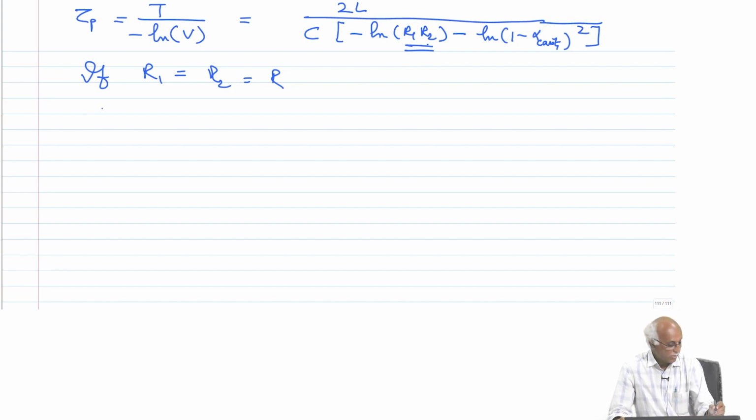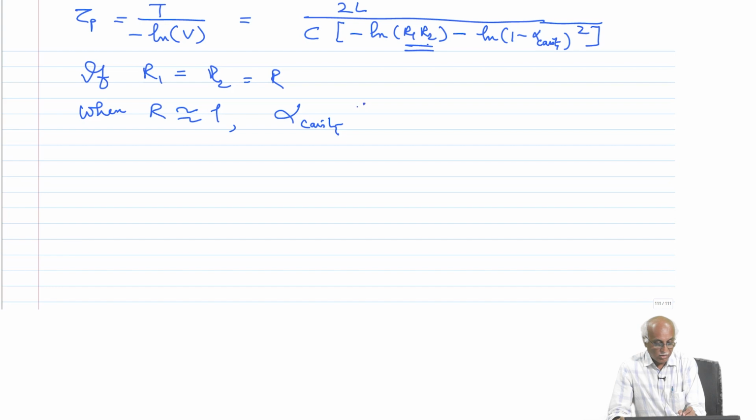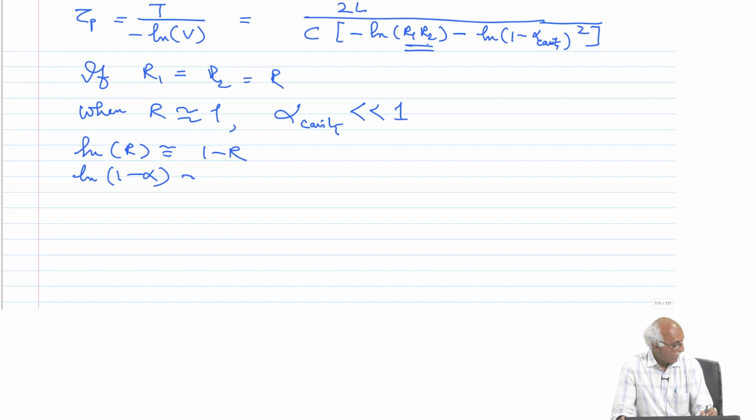Now one more thing: when R is approximately 1, very near to 1 but less than 1, and alpha of the cavity, the absorption loss, is much less than 1, a very small value, then natural log of R can be given as minus (1 minus R) and natural log of (1 minus alpha) can be given as minus alpha.